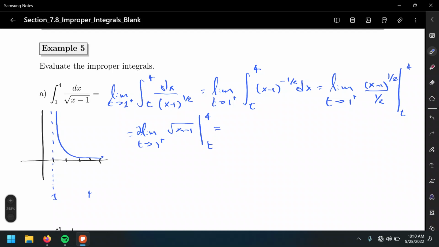So from here, let's use again the fundamental theorem of calculus, and that's going to give us the square root of 4 minus 1 minus the square root of t minus 1. The first quantity, 4 minus 1, is 3, so that's just the square root of 3.